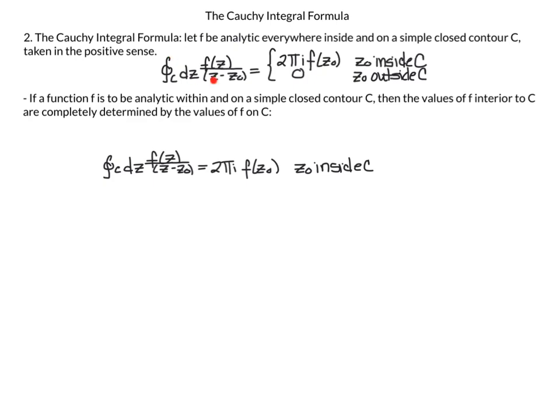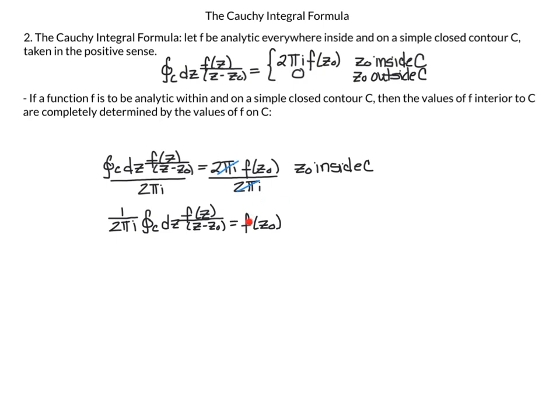To see this, let's assume that z naught is inside C, and we want to evaluate f of z naught. We have our Cauchy integral formula that this integral on C of f of z over z minus z naught is equal to 2 pi i f of z naught. We can divide both sides of this equation by 2 pi i, and then over here this will cancel out. And then we're left with the formula for f of z naught. It's equal to 1 over 2 pi i integral over C of f of z over z minus z naught.